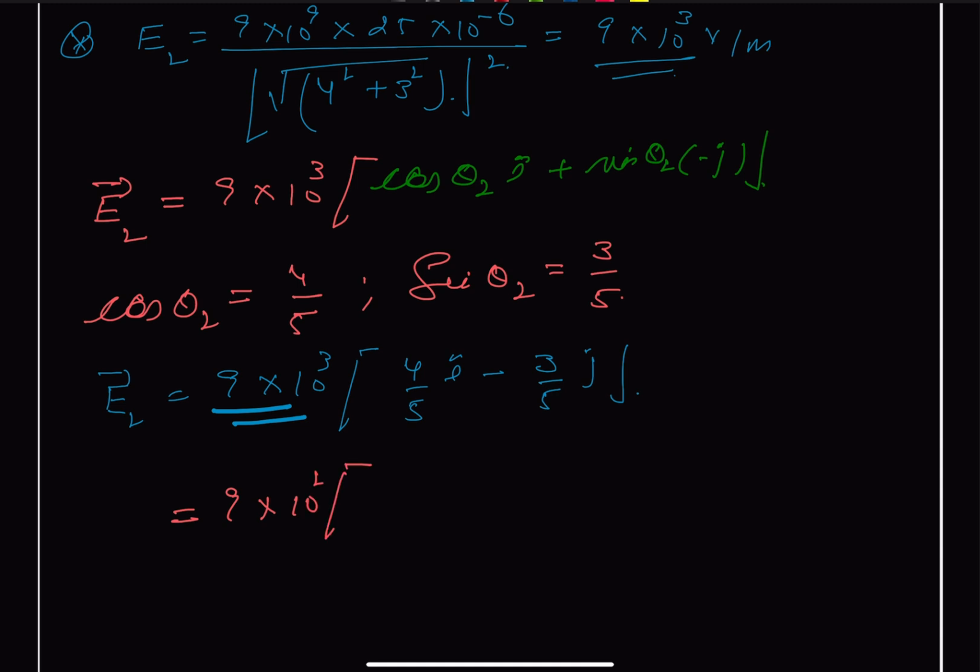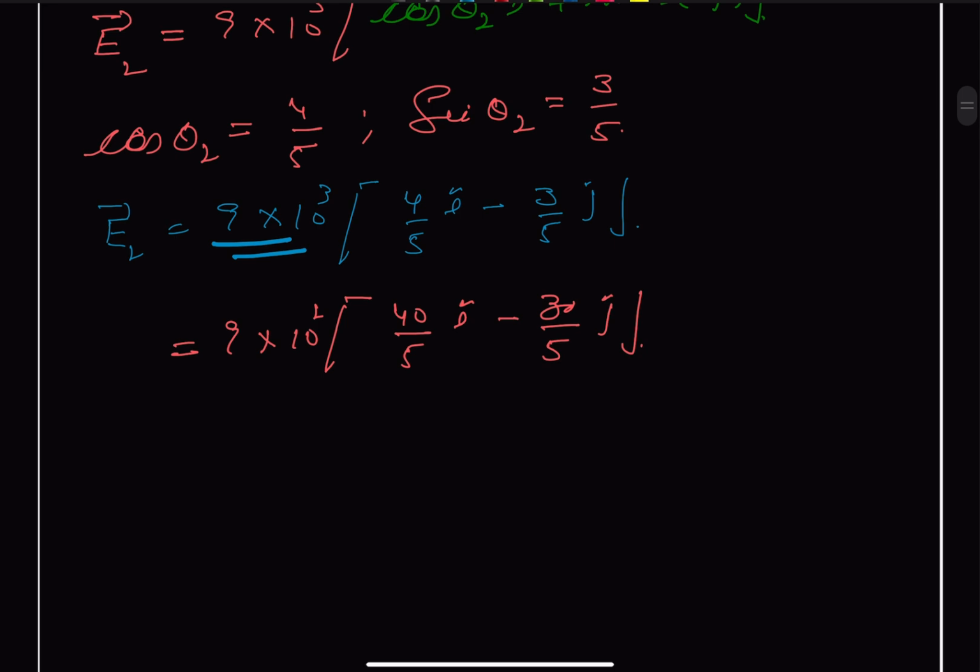So this comes as 40 by 5 I, and this comes as 45 minus 30 by 5 j, which we can write as E2 will be equal to 9 into 10 raised to the power 2, and this goes by 8, and this goes by 6. So we're left with 8I minus 6j.